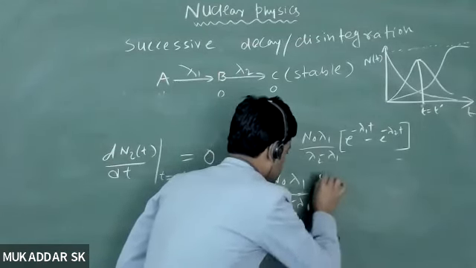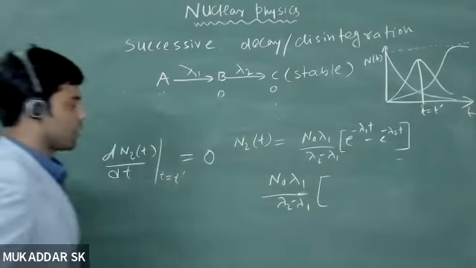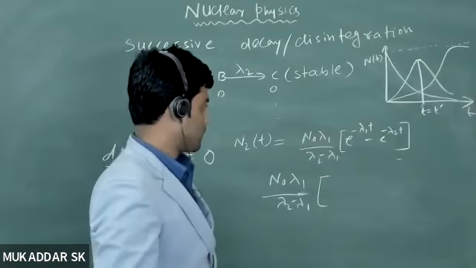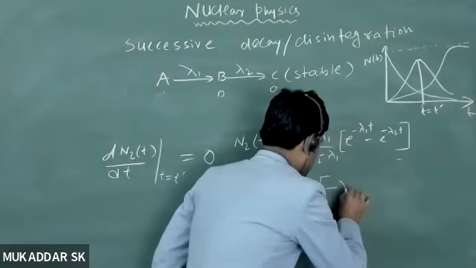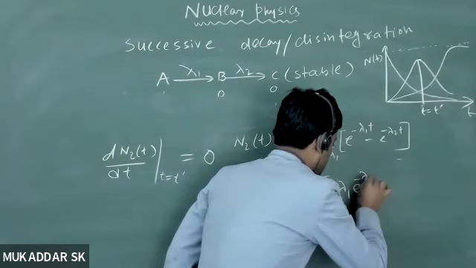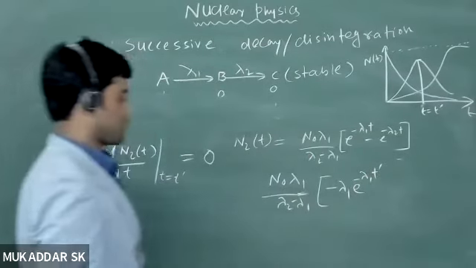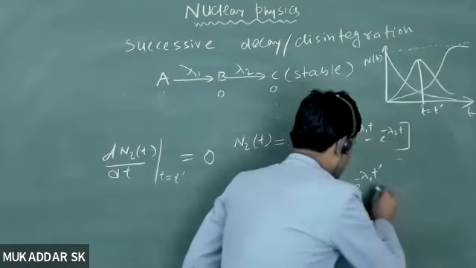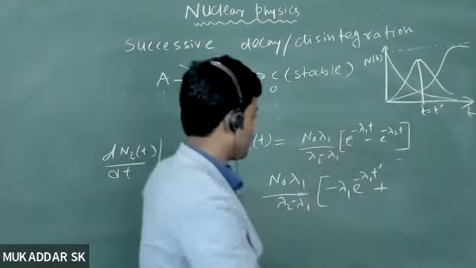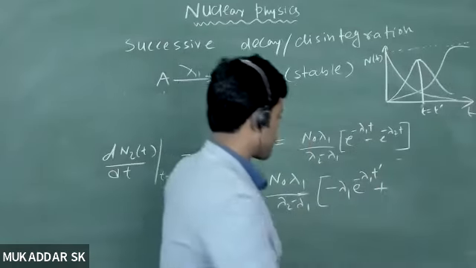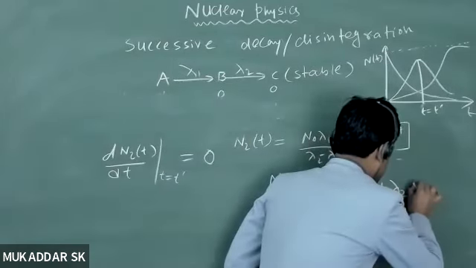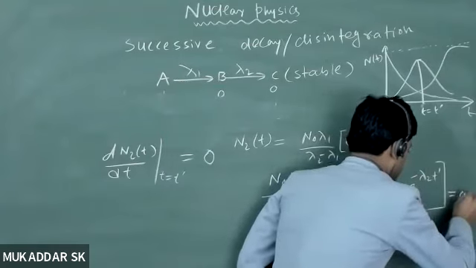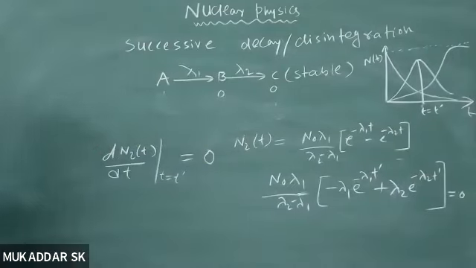Inside the bracket, differentiating, if you place t dash, it will become minus lambda 1 e to the power minus lambda 1 t dash, right? And the second part, if you differentiate this factor with respect to time, you will have minus lambda 2, and you already have minus here. So that will make lambda 2 e to the power minus lambda 2 t dash, and that will be 0 because t dash is the maximum.